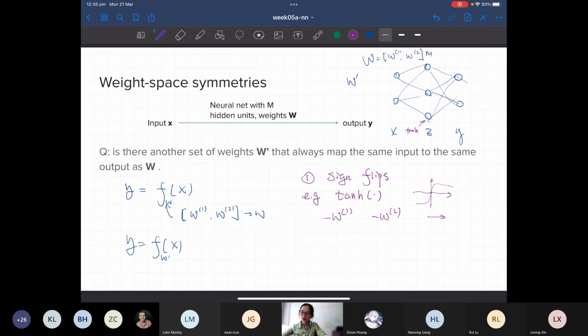Because there are m neurons, we can do this independently for each hidden unit. This leads to 2 to the power of m weight space symmetries.